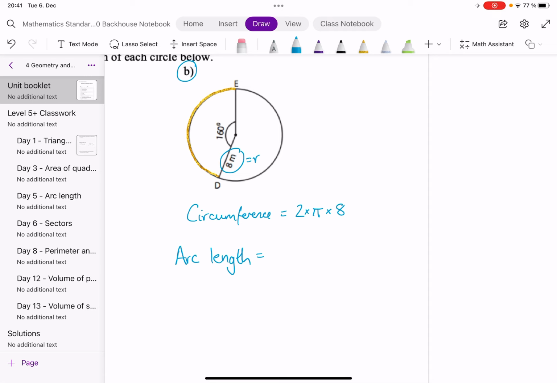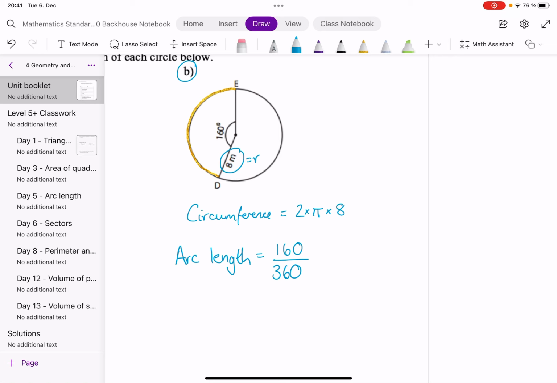But what I know is there are 160 degrees in this sector that they've marked out. So I know that I've got 160 degrees of the whole circle, and we know that a whole circle is 360 degrees. So there we go, we've got 160 degrees of a full turn.